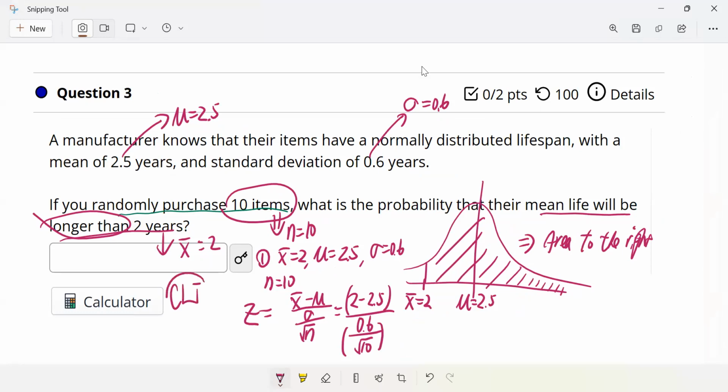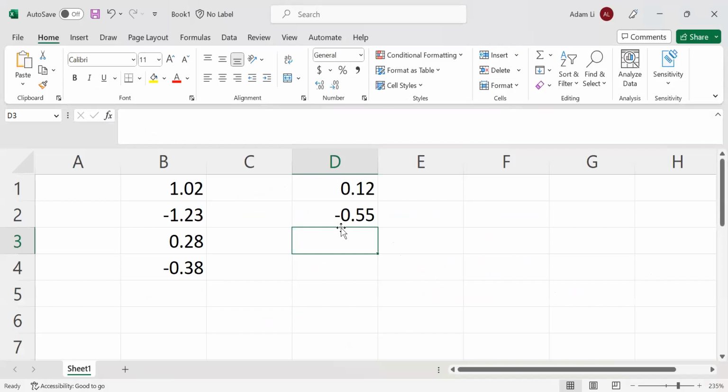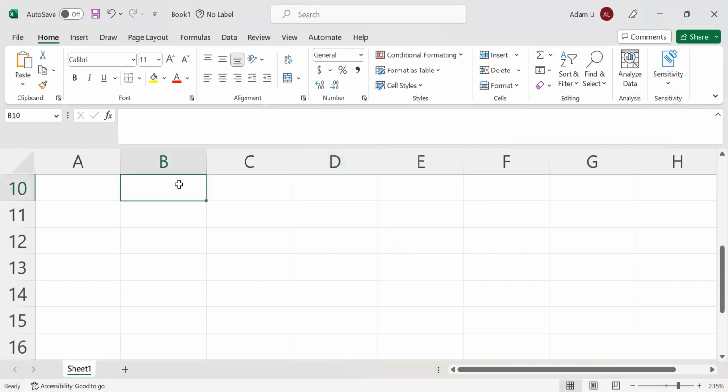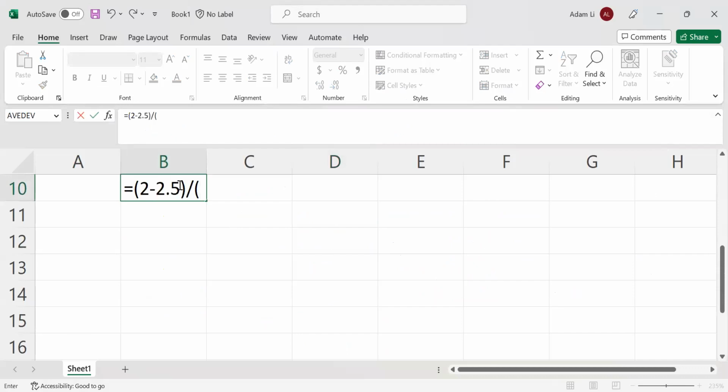Central limit theorem applied here. So z-score equal 2 minus 2.5 over 0.6 over square root of 10. So now let's go to the Excel. So now put in equal sign 2 minus 2.5 over, put the denominator in the parentheses, 0.6 over square root of 10.